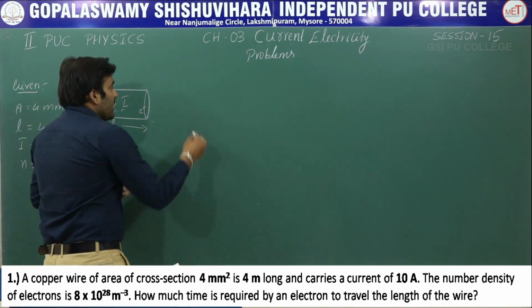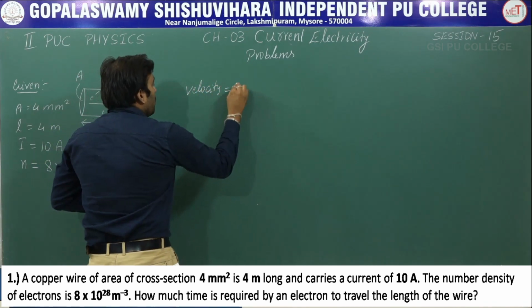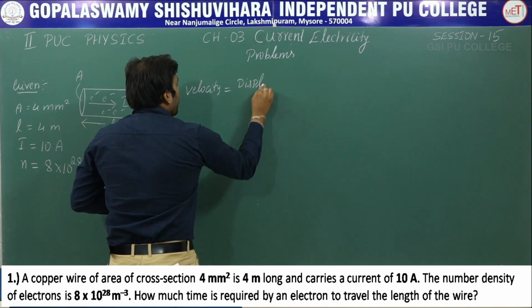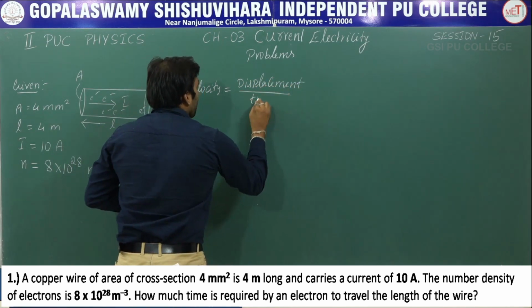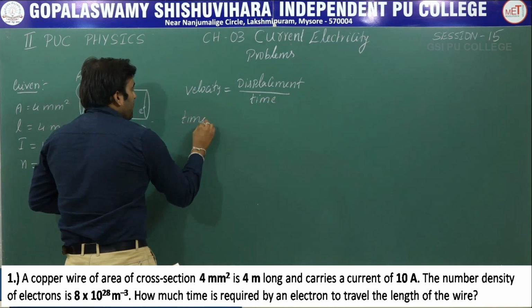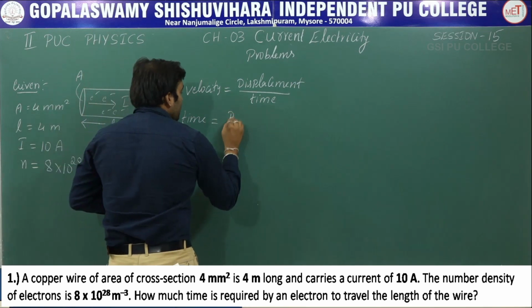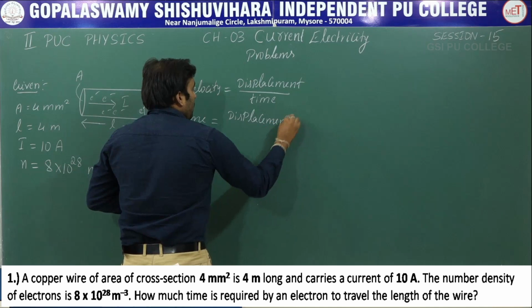From first PU physics, we have learned that velocity is equal to displacement by time. Therefore, the equation for time can be written as displacement by velocity.